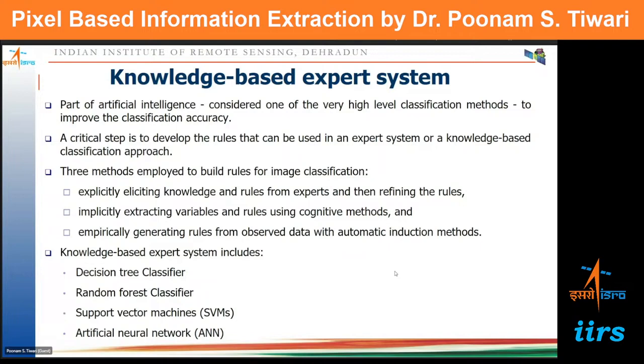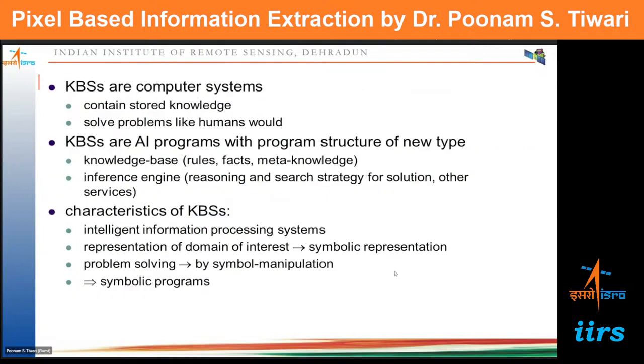The second method is extracting the variables and rules using cognitive methods, or empirically generating rules from observed data with automatic induction methods. These are the systems or expert systems: decision tree classifier, random forest classifier, support vector machines, and ANN. One by one we'll be talking about these.